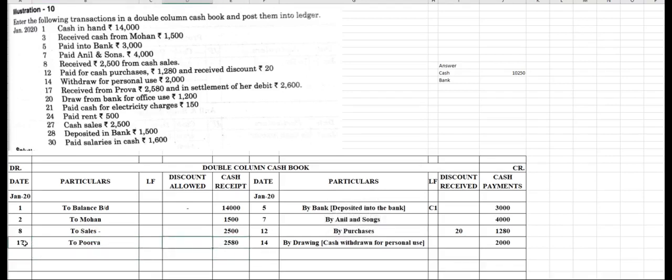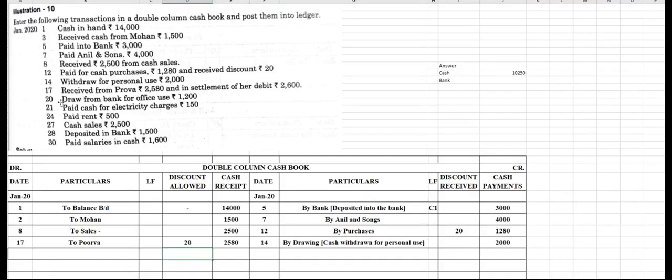That means some discount has gone. How much? 2600 minus 2580 is equal to 20 rupees, a discount given to Purva.